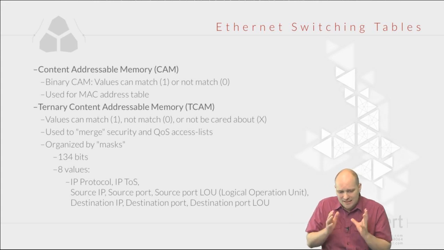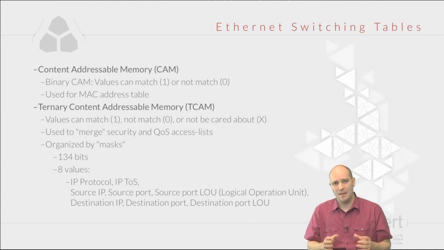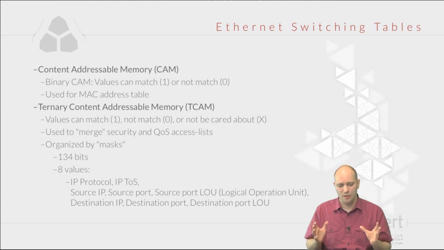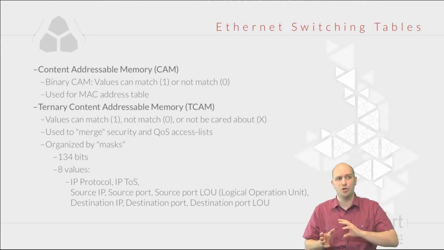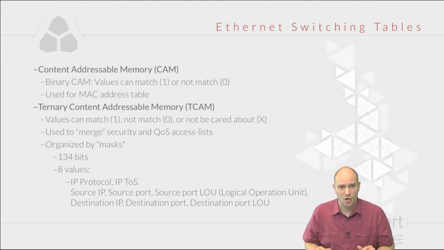The information in the TCAM table is organized by what Cisco calls masks. This is a series of information consisting of 8 values. These values are the source IP address, the source port of the traffic, the source port logical operation unit, which is really if you are using a range of ports. For example, you had an access list that said permit traffic going to the ports between 1024 and 16,384.